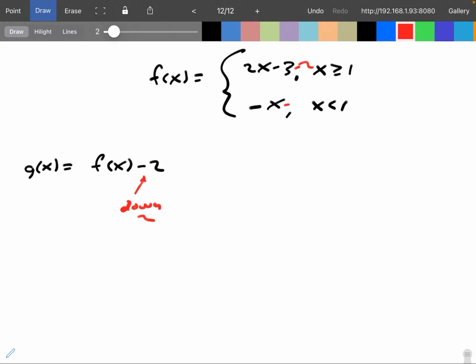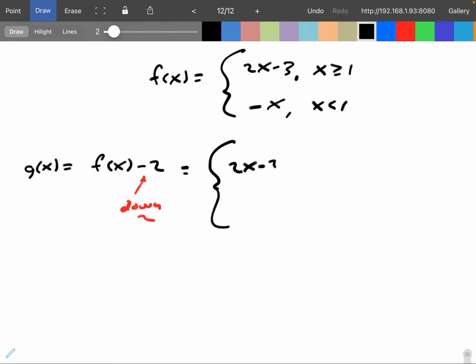We're just going to end up subtracting 2 from this top branch, and we're going to end up subtracting 2 from that bottom branch. That's all we're going to end up doing. All right? So let me take that out of there, though, because it'll make a mess, all right? But that's all we're going to do.